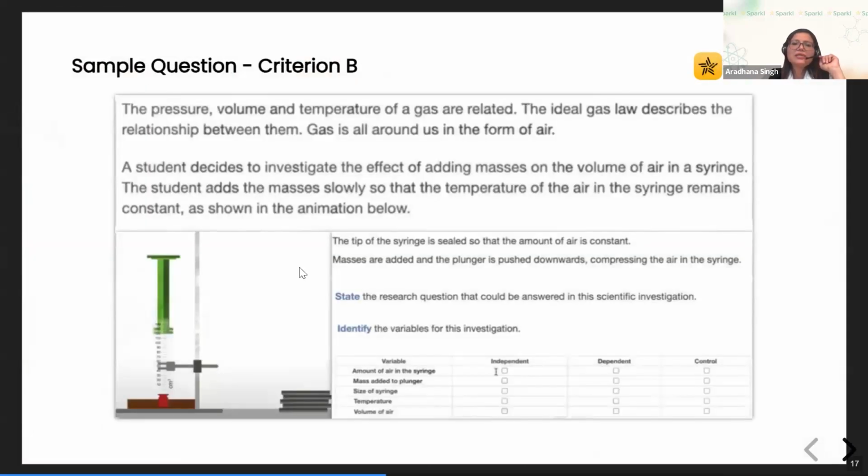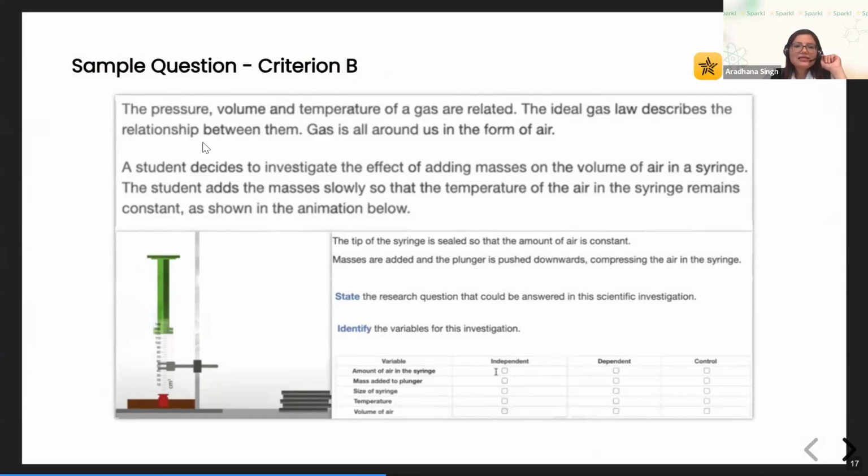This is a typical criteria B type question. In this syringe, mass is being added to compress the air which is in this syringe or in this tube. So pressure is being increased by adding mass, and the effect on the volume is being investigated.